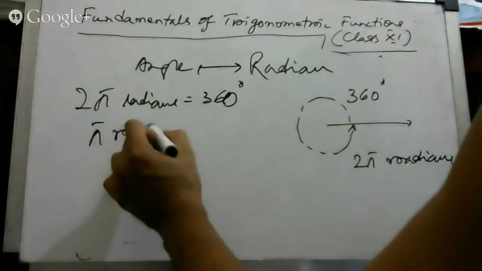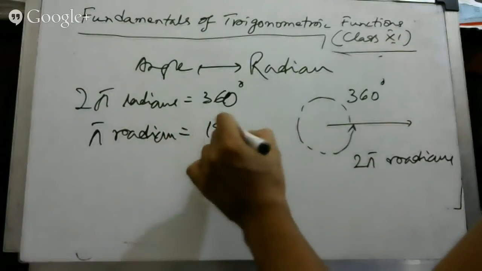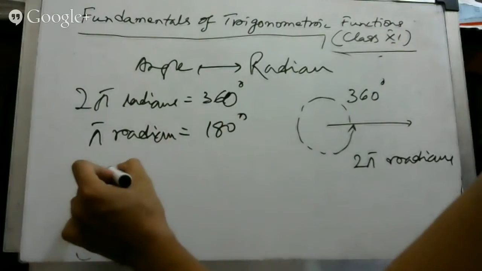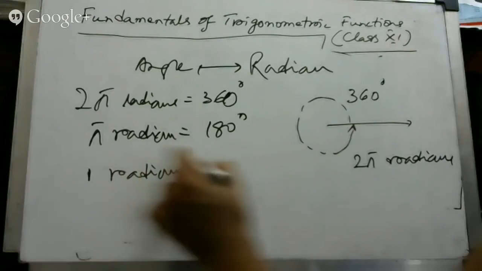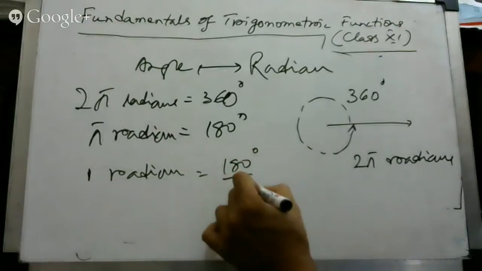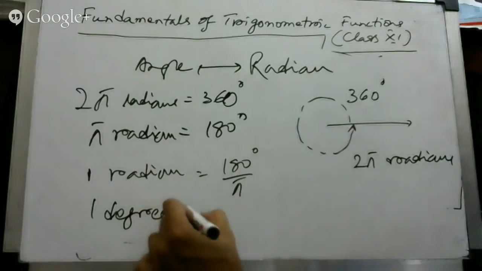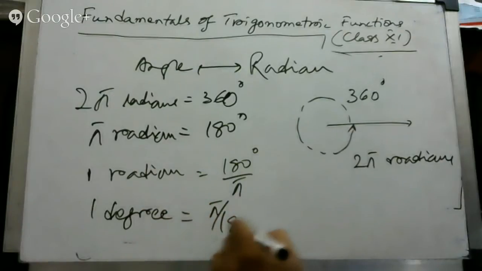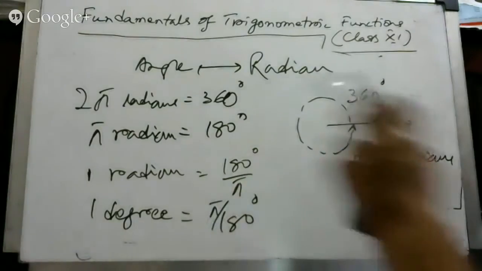Pi radians is equal to 180 degrees. 1 radian is equal to 180 by pi, or 1 degree is equal to pi by 180. So this is a typical relationship between radians and angles.